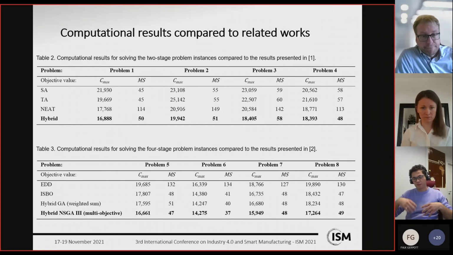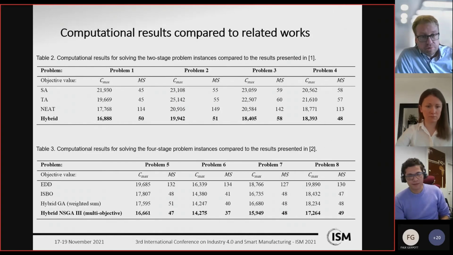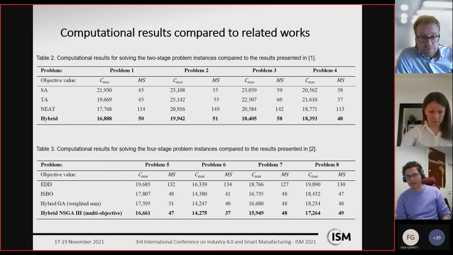Now here I have to say that both simulated annealing and taboo search were set to run based on weighted sum, which might explain why, for example, major setup time in this sense was favored against Cmax. And in our implementation, we favor all objective values and specifically the max span at the beginning.